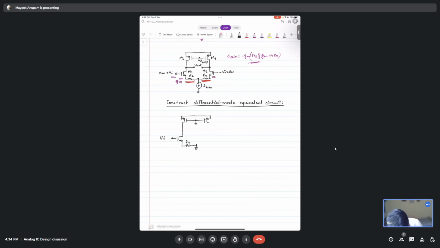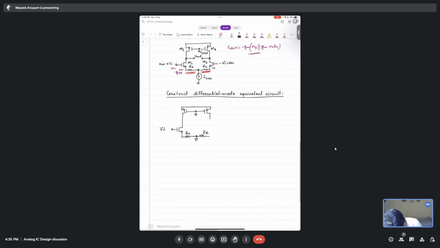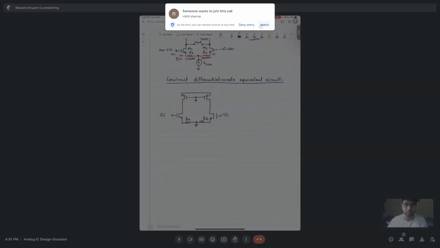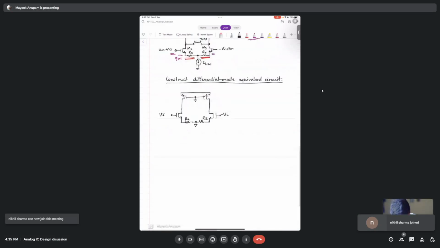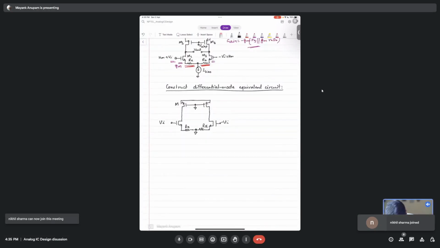And RX and M2 resistor. And we have this input, so this will be minus VI. So this is M3, this is M4, this is M1, this is M2.